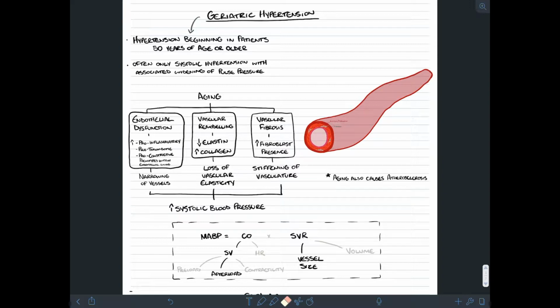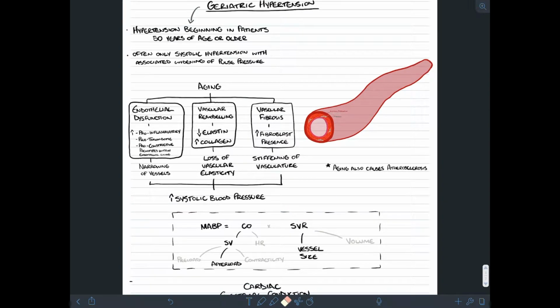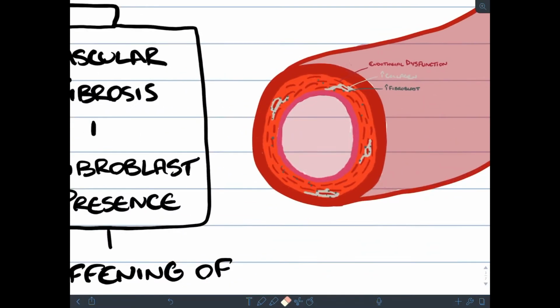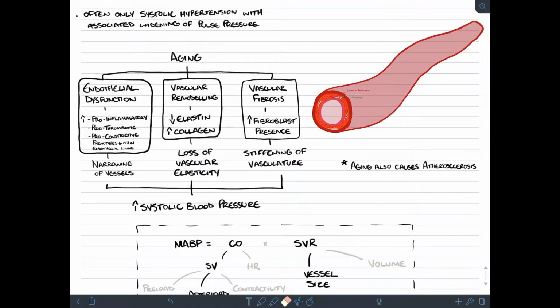Really, with aging, there's a couple differences that occur within the vasculature of the body. And the first thing that occurs is that the phenotypes within the endothelial lining actually start to change. So we start to get pro-inflammatory, pro-thrombotic, and pro-constrictive phenotypes within the endothelial lining.